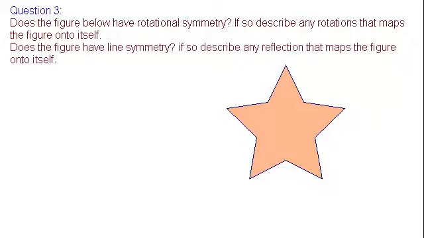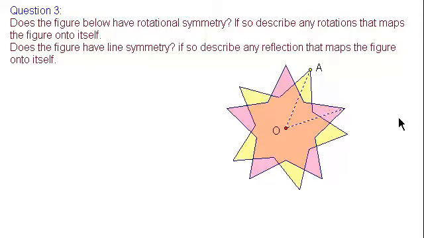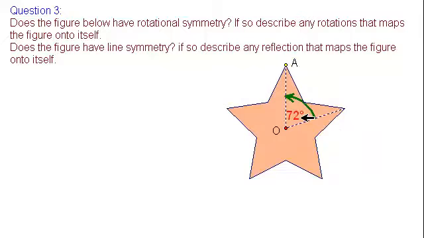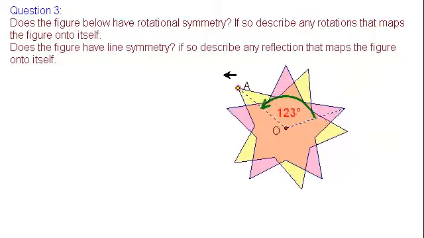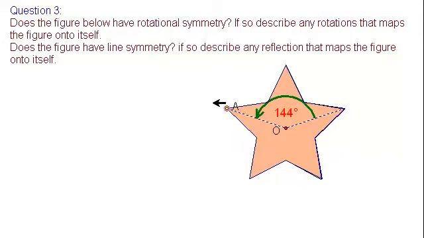So the rotational symmetry in this case is going to be 72°. This means that when I rotate this figure, it maps onto itself at 72°, and if I continue moving it, it again maps onto itself when the angle is 144°, which is a multiple of 72°.